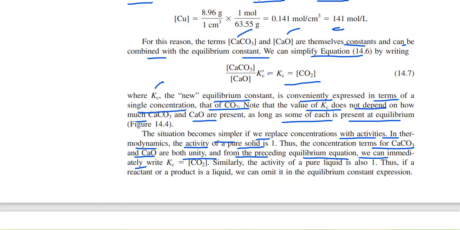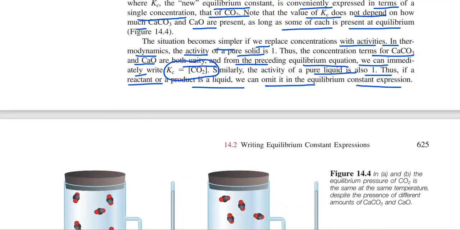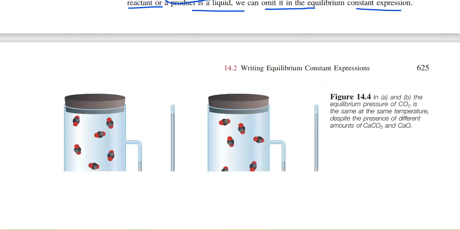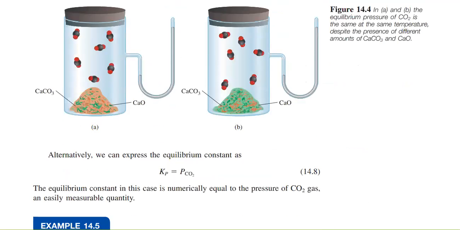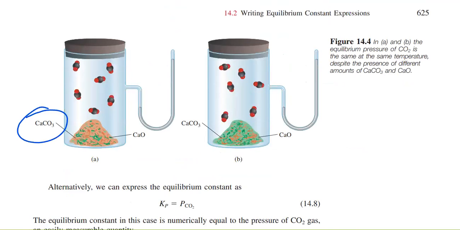Similarly, Kc can be written very simply, because the activity of a pure liquid is also 1, like the solids. If a reactant or a product is a liquid, we can omit it in the equilibrium expression. So here CaCO3 is a solid, CaO is a solid, whereas CO2 is a gas.